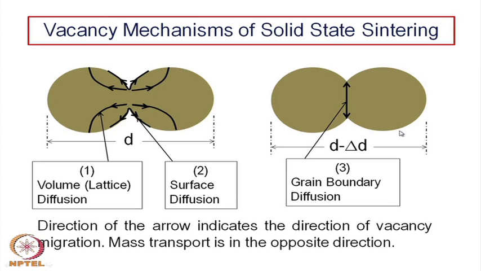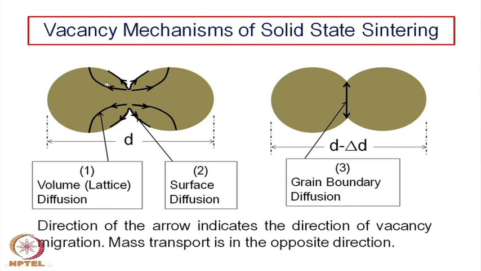Now, this movement can take place again by three different paths. The movement of the vacancies can take place in three different ways, or three different paths can be followed by this movement. These are the three different paths which have been designated or shown here.